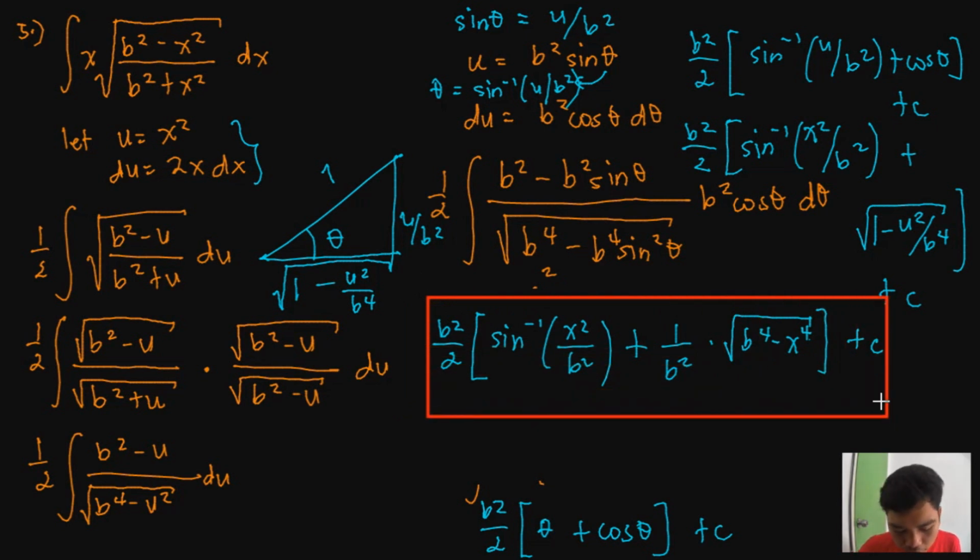Okay? So, in your handout, that is 1/2. Let's check. That is 1/2 b squared. Okay, so distributed here in the handout, no? That is 1/2 b squared. Okay, so that's correct.